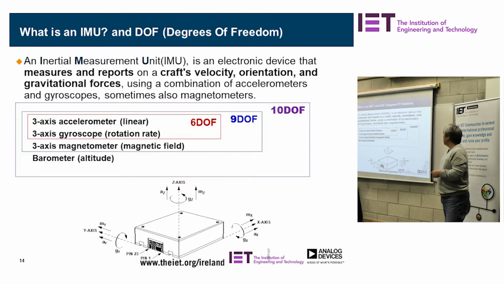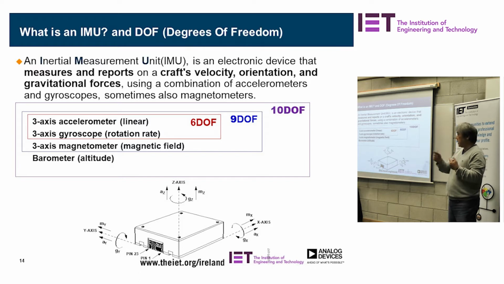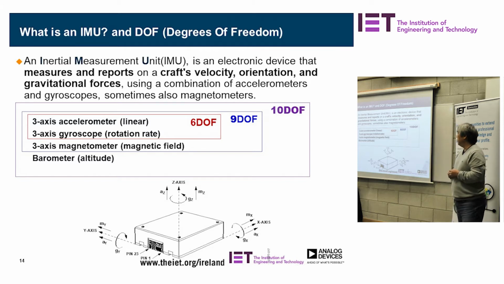Okay, the next thing is the IMU. They use a lot of those in the military and drones for guidance systems. It's an electronic device. You have three axes that give you acceleration, depending on X, Y, back and forth, and up and down. And then you have the gyro as well. And then you have three axes of magnetometer. And then you have a barometer that gives you altitude. Whenever you have three axes of accelerometer and three of gyro, they call it 6 degrees of freedom.